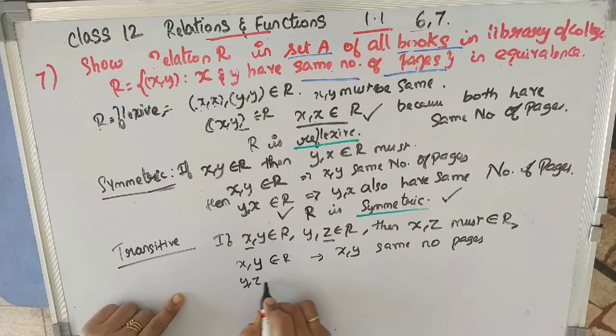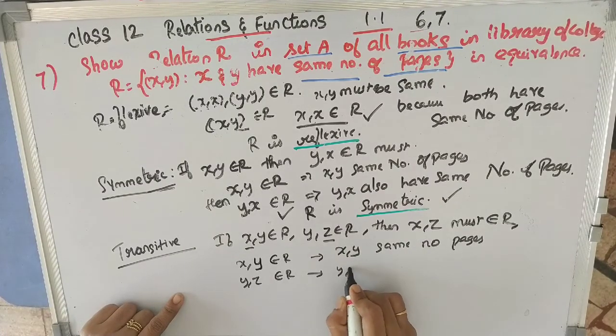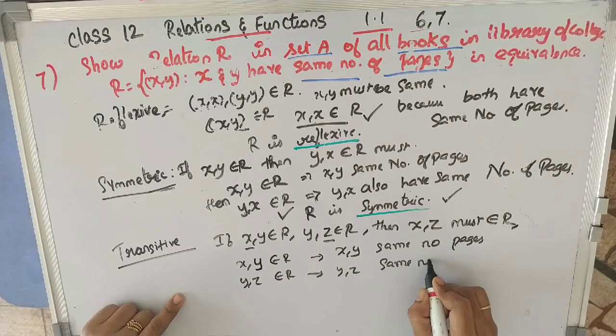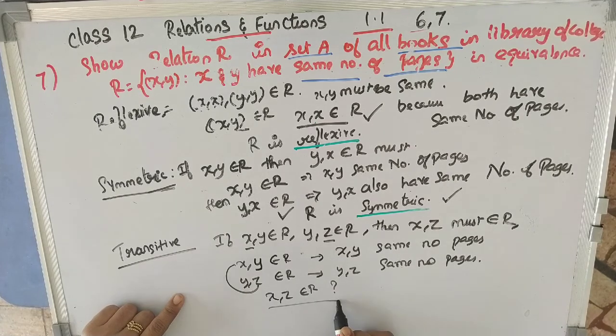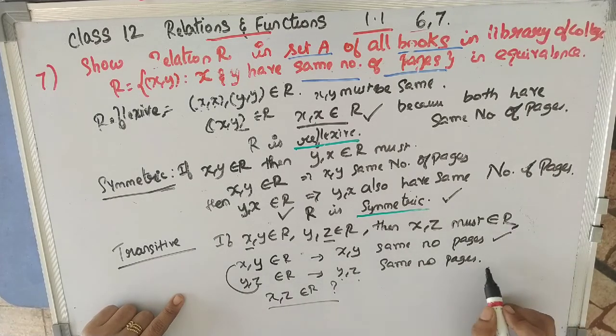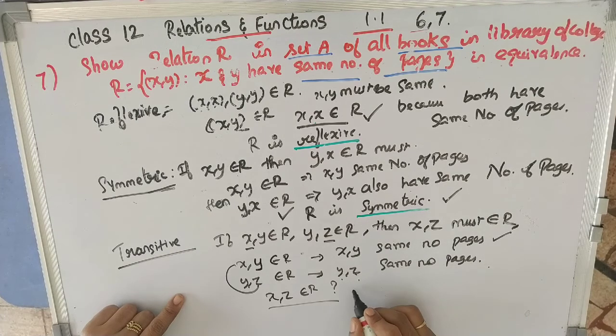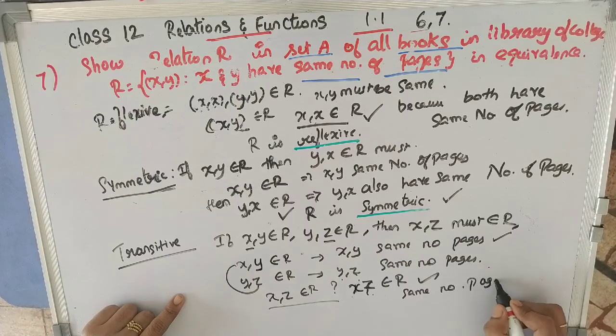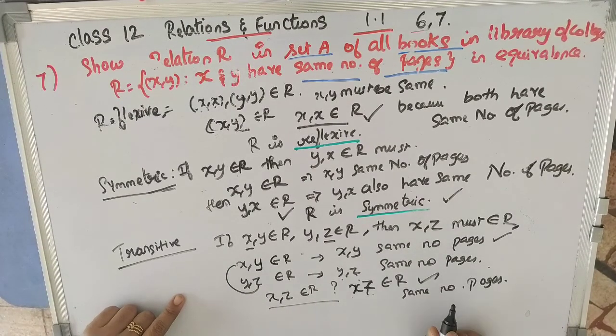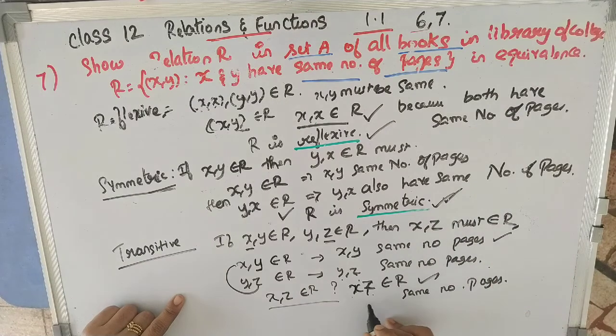Now (Y, Z) is an element of R. What is the meaning of that? Y and Z are books that have the same number of pages. Then what is the condition? (X, Z) must be an element of R. Is it possible? See, if X and Y have the same number of pages, and Y and Z have the same number of pages, then X and Z will also have the same number of pages. Therefore, (X, Z) is an element of R. So, this relation is transitive. Clear? So, the relation is reflexive, symmetric and transitive.